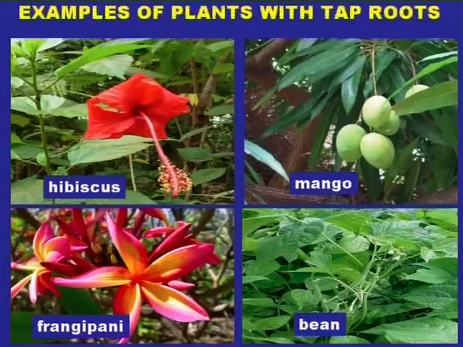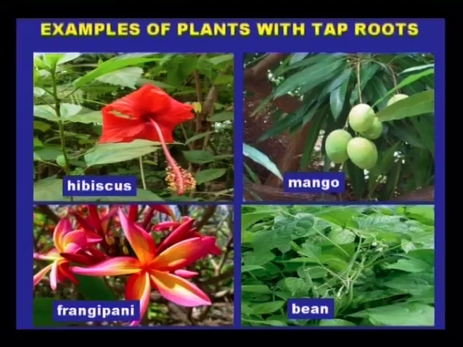Now, the next thing about dicotyledon plants is that they have a taproot system. That's the one that we are looking at in today's lesson. A dicotyledon plant or dicot plant has a taproot system. Now, there are examples of plants with taproots.